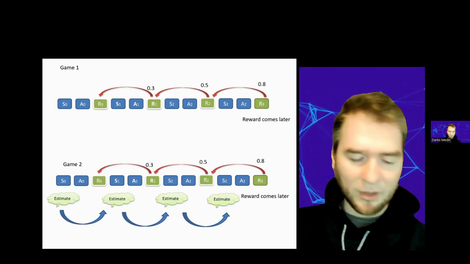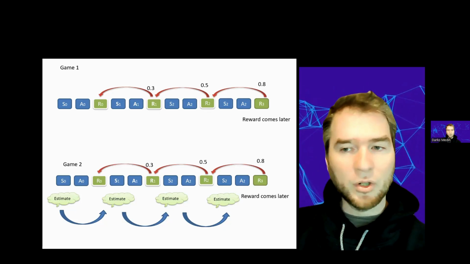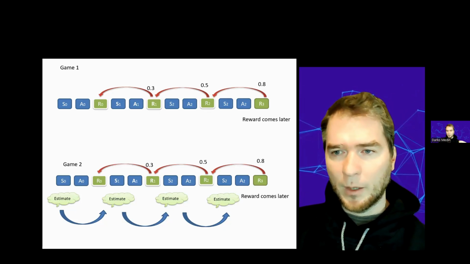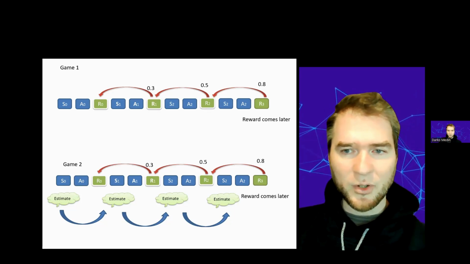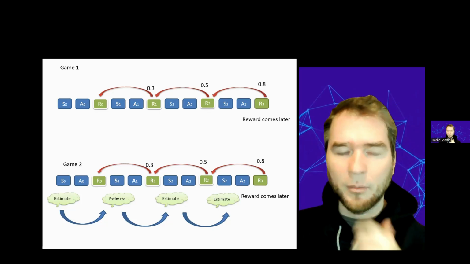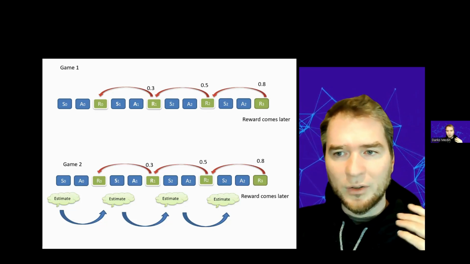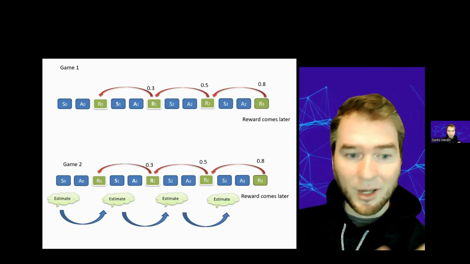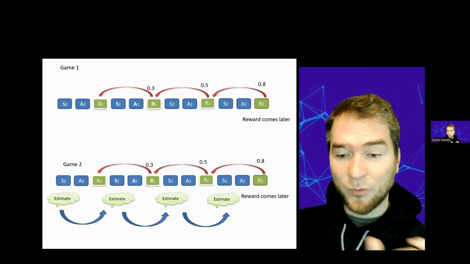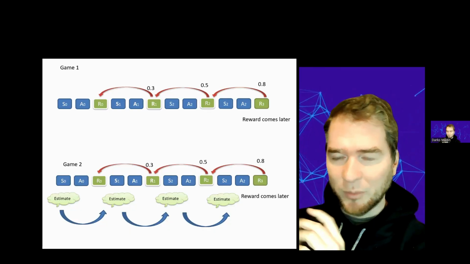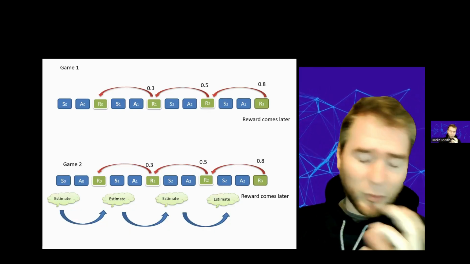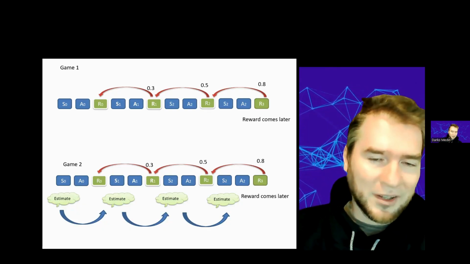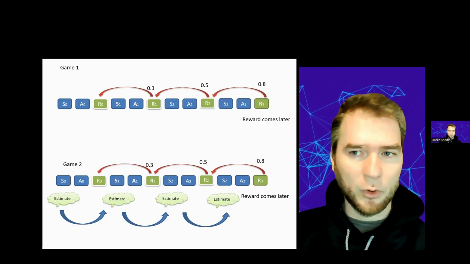So we will be sending information backwards in time in a similar way. However, when the agent learns something in game one, for example, in game two, the agent would be trying to estimate at every state whether its future reward will be worse, whether it will be more probable or less probable to reach some future reward.